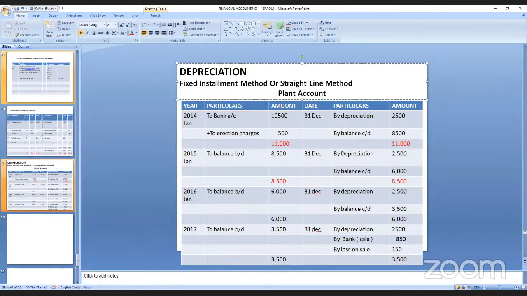If it is a machinery account, then machine account.